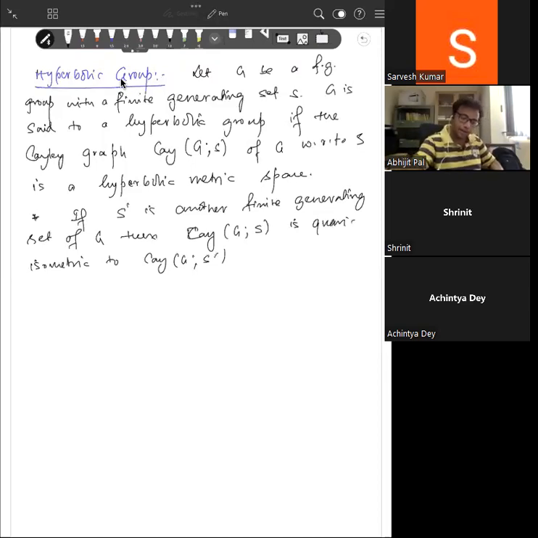Therefore, if I assume one Cayley graph to be a hyperbolic metric space, the other Cayley graph will also be a hyperbolic metric space.